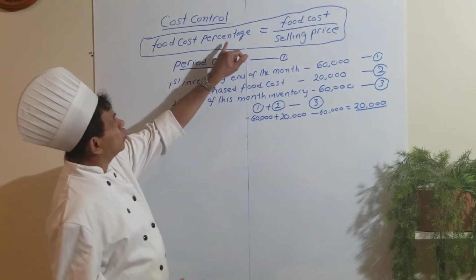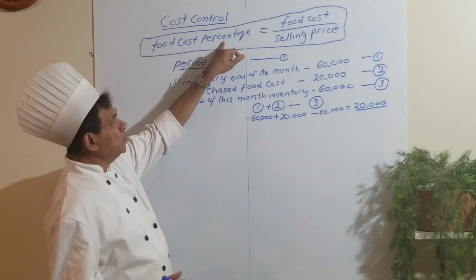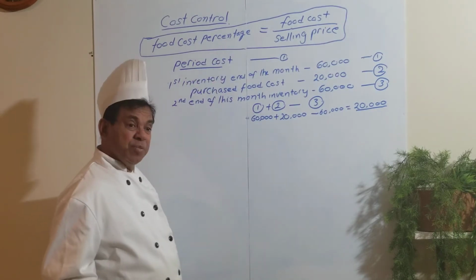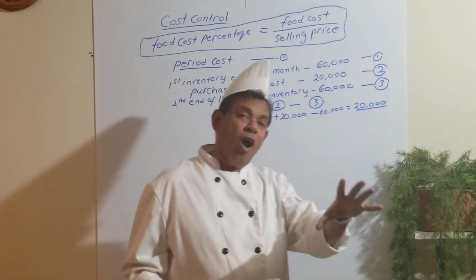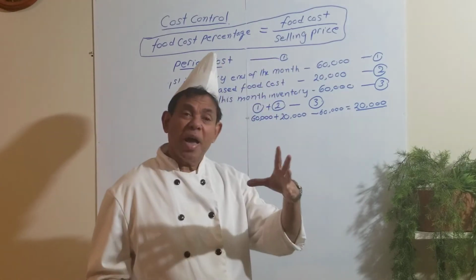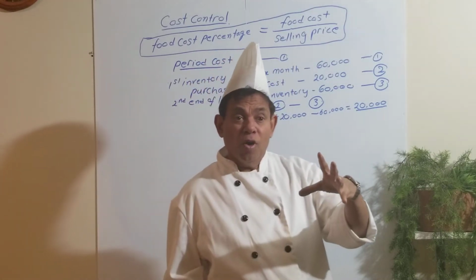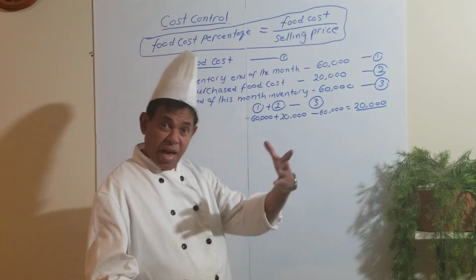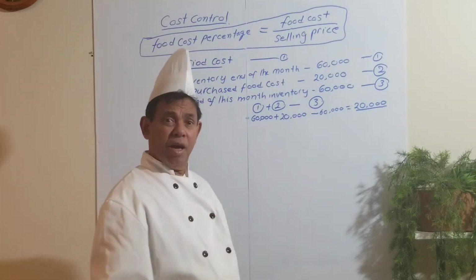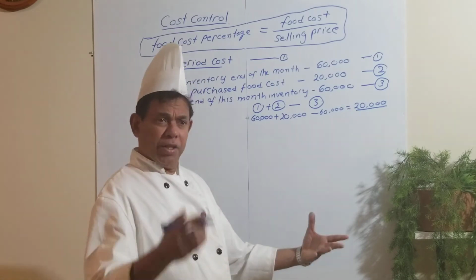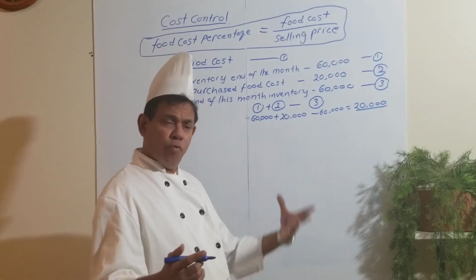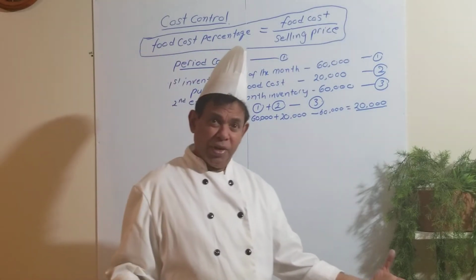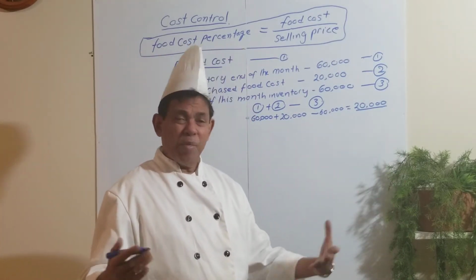Now let's go to this formula. Then I asked the accounts department how my income from food is for this particular month. The accountant calculated everything and said, okay, this particular month you have a food income of 70,000. This is an imaginary figure.